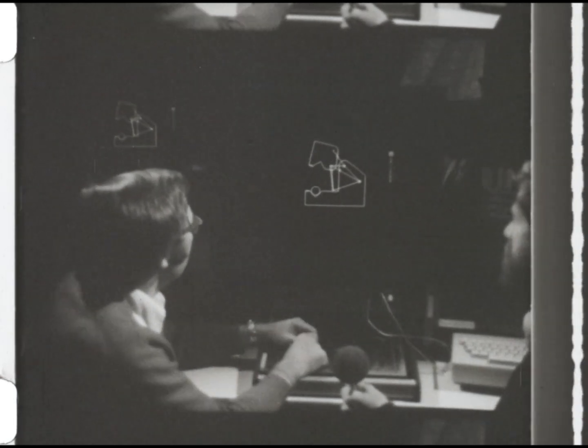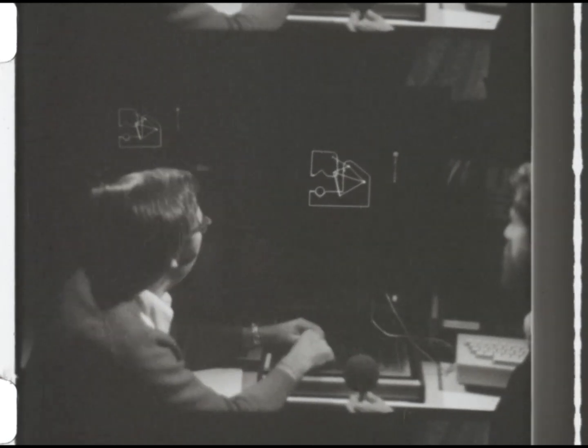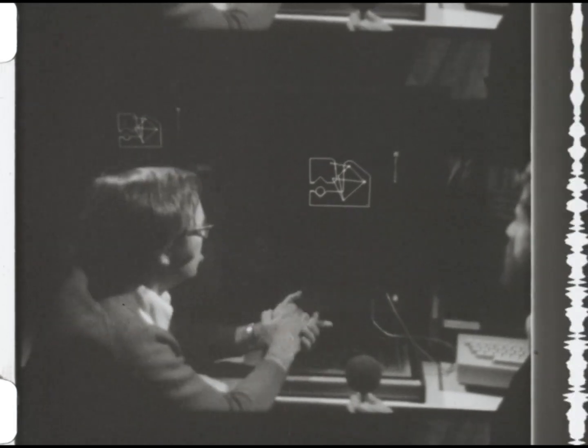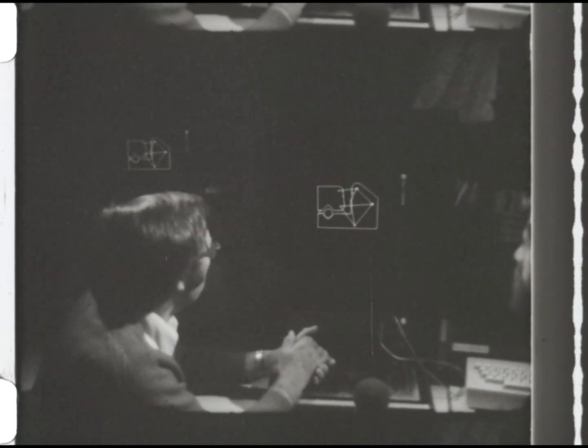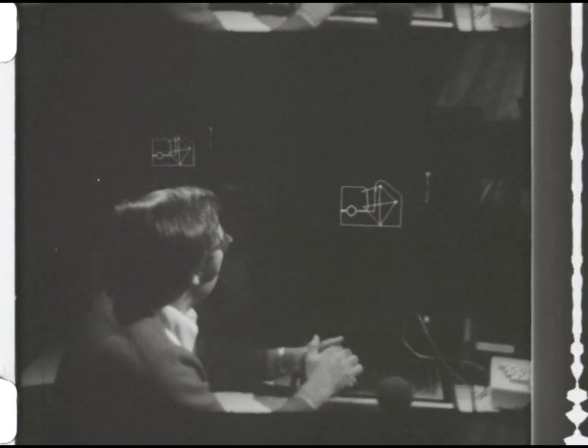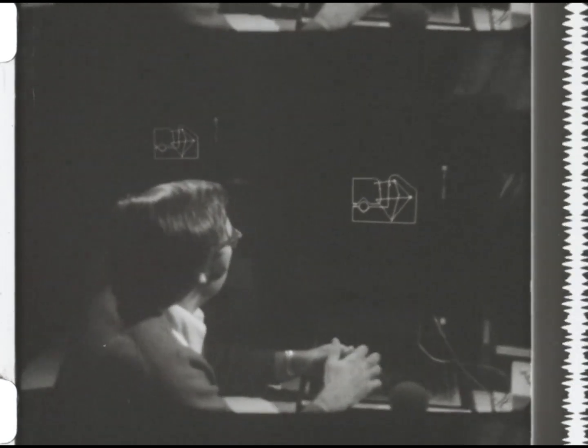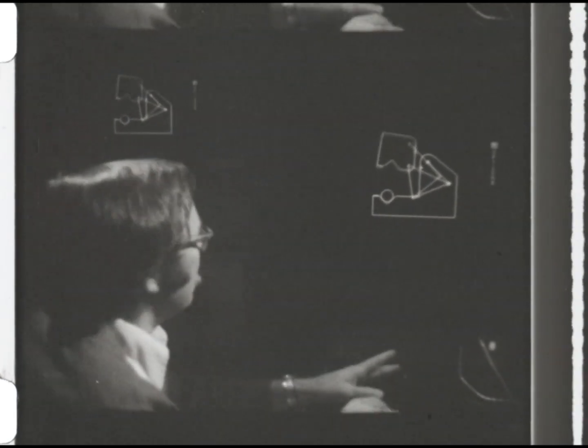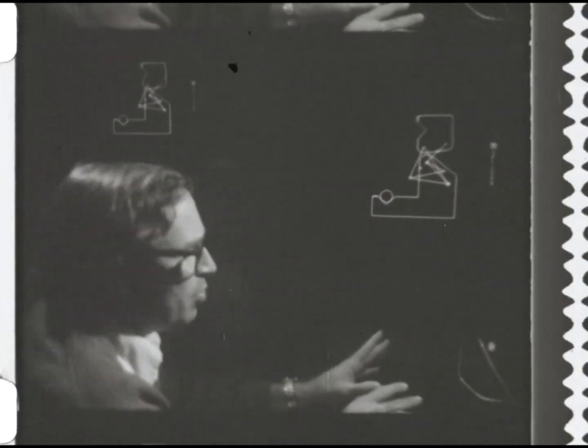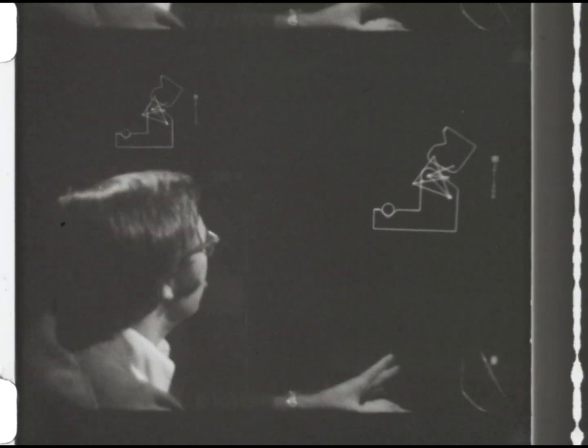Now this linkage was designed in about 15 minutes using the Kinsyn computer program that we're about to show you. The linkage was designed not by a trial and error process, but by a closed-form mathematical synthesis procedure.